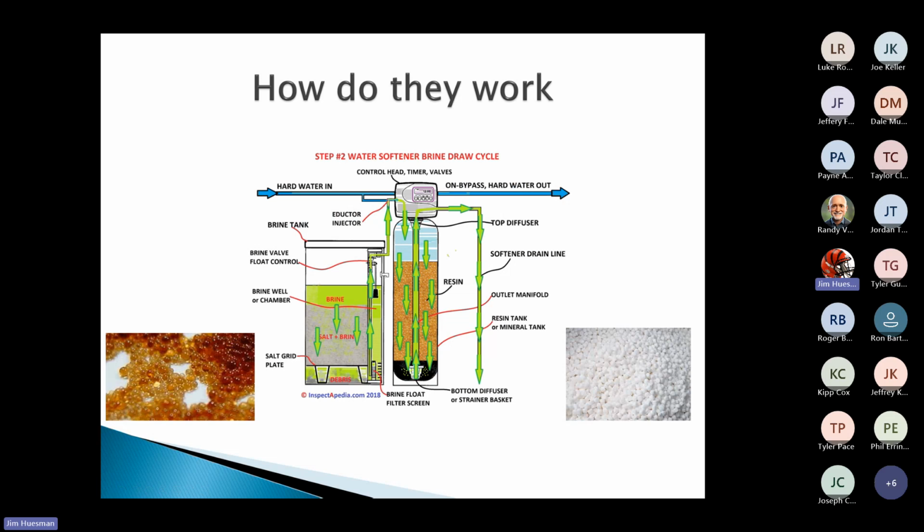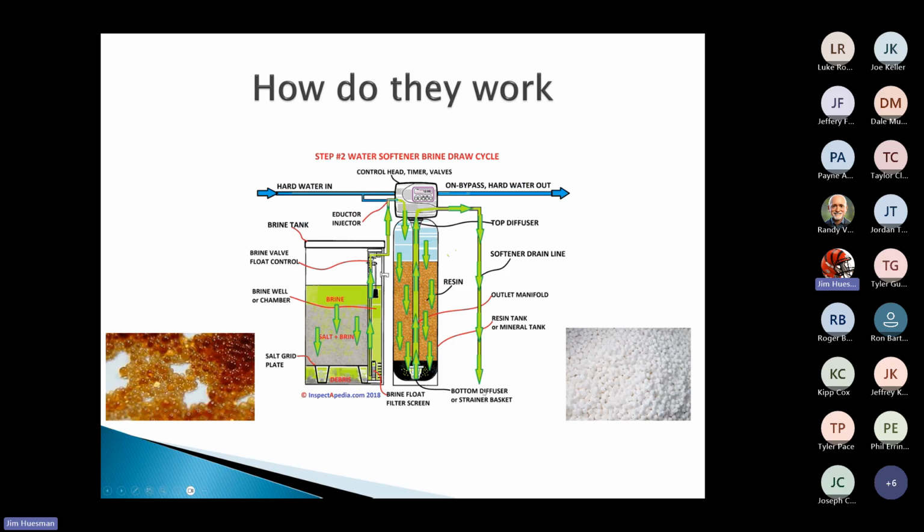So now we're taking sodium ions, putting them right back into the tank. The sodium ions are now going to start releasing the calcium ions, but instead of that calcium heading down, we're going to come up and bring that water over and down to the drain.